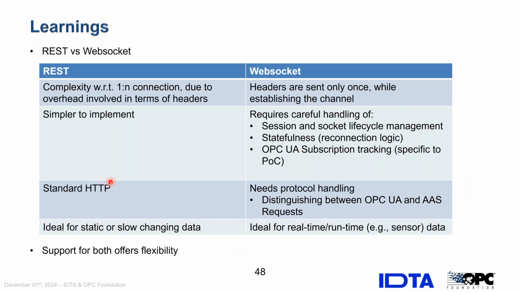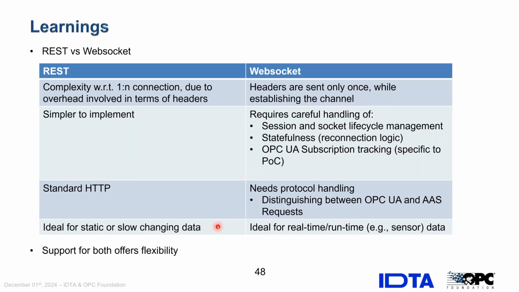In addition to that, the REST mechanism is standard HTTP and pretty straightforward. They have unique endpoints per resource. But specifically for this POC, we needed specific protocol handling to distinguish between OPC UA and Asset Administration Shell requests, as we have seen with these additional attributes.